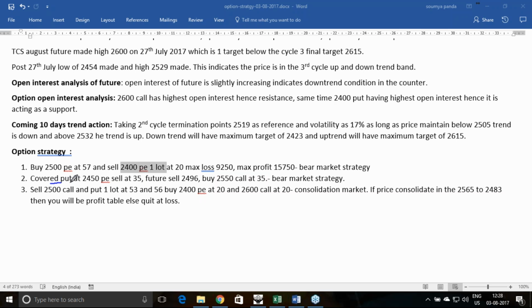I can form a covered put strategy also. I can sell a 2450 put option at 35, sell the future at 2496 level, and buy a 2550 call option at 35. Why am I choosing 2550?